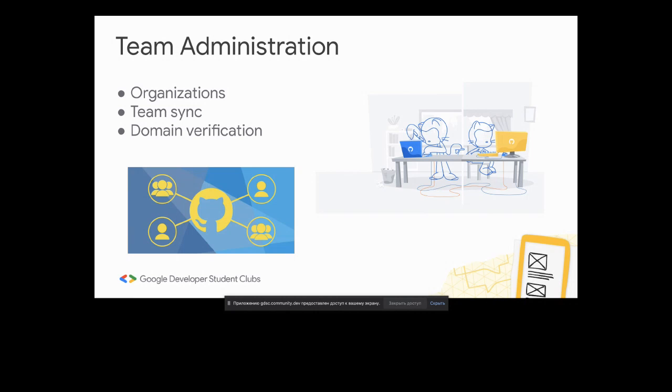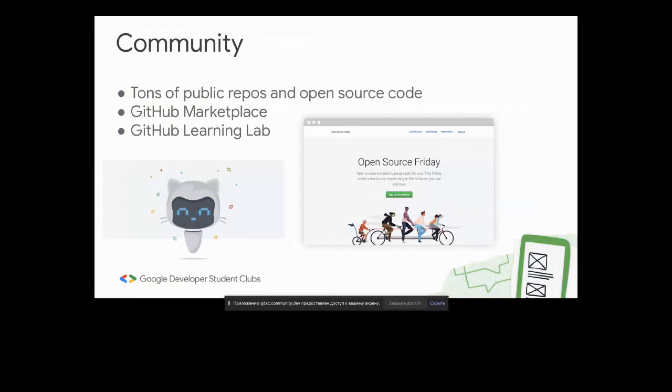Then the next one is the community, of course. As you have seen, nowadays GitHub unites millions of IT specialists all over the world. And I think it is obvious that it has so much potential for people in the industry to use it. Public repositories allow you to find different solutions to many popular tasks.